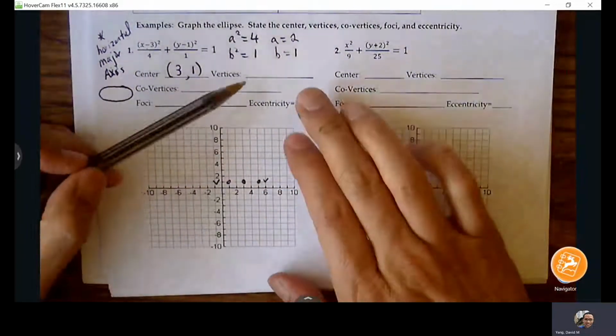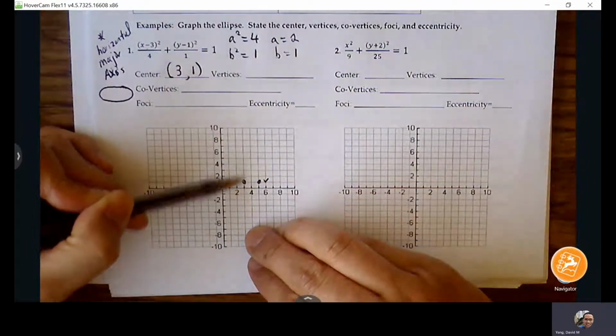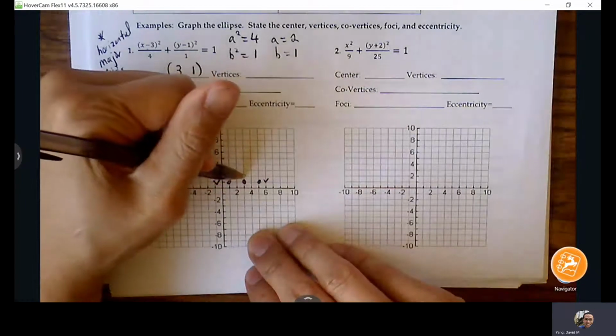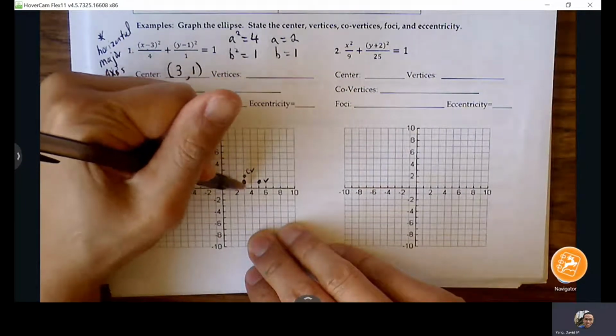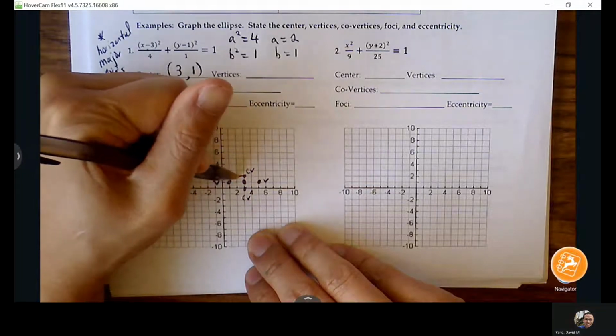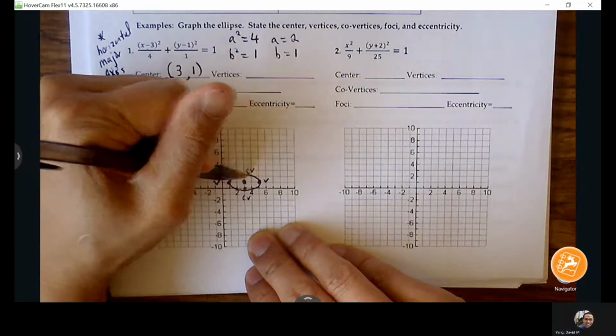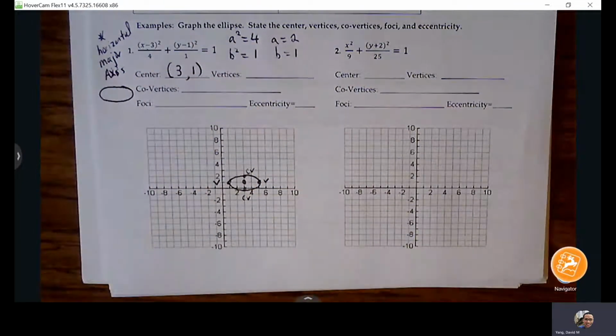All right, your B value is 1, so you know that's going to go along the minor axis, the vertical. So you're going to go up 1 and down 1. It's a really small ellipse here. Okay.